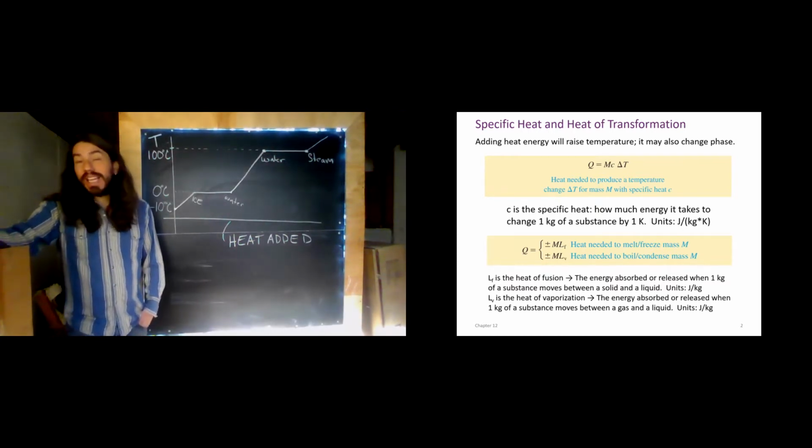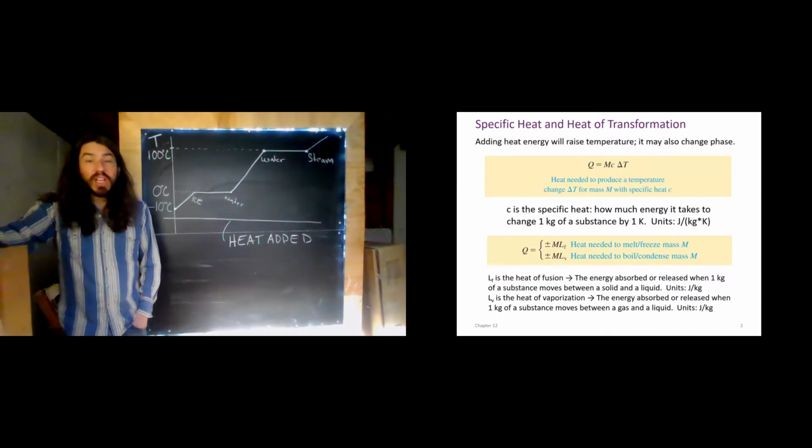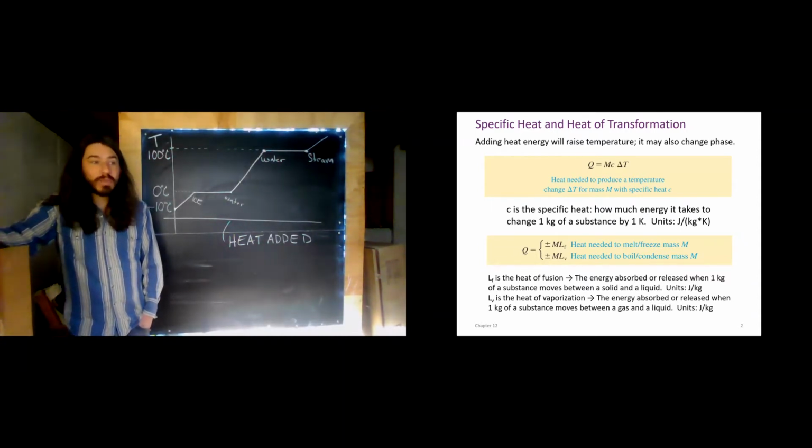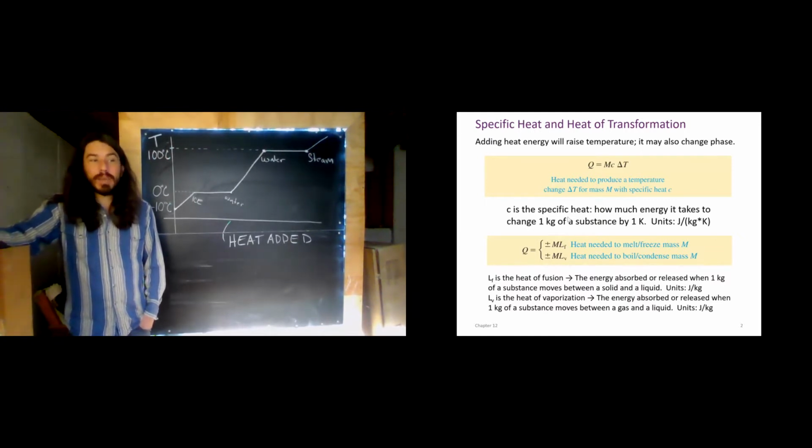However, if you had a kilogram of aluminum, you would need only 900 joules to increase the temperature of that piece of aluminum by 1 degree Celsius. And so those two numbers that I just gave you, those are examples of specific heat capacities.